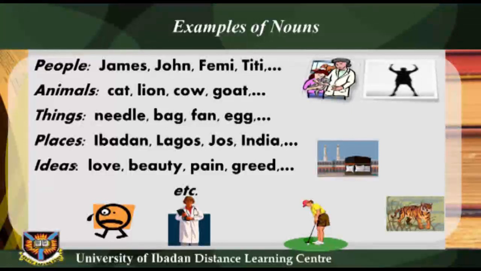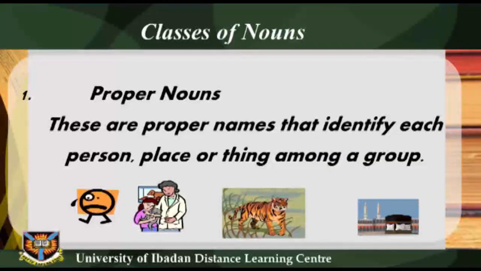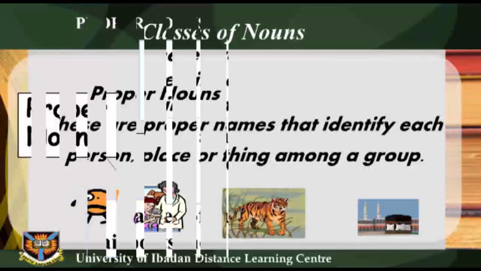Names of places: Lagos, Akure, Kano, Kafanchan, Zamfara, Abuja, Benin, Warri, Port Harcourt, and Onitsha. Proper names of pets or other things: Tiger, Favor, Peace, Palace. These names are proper nouns because they identify each person, place, or thing among a group.